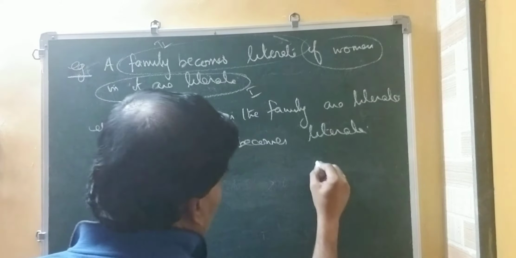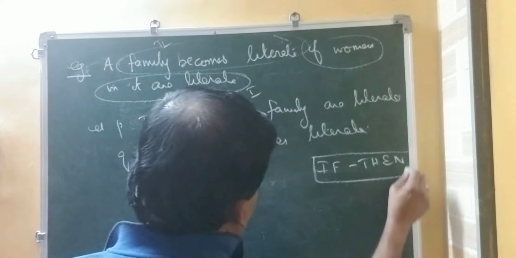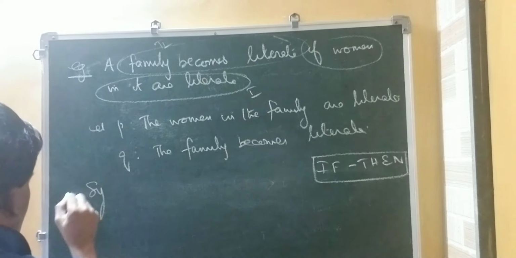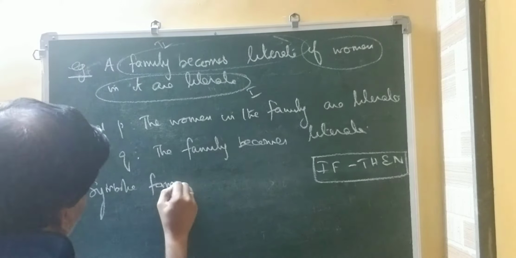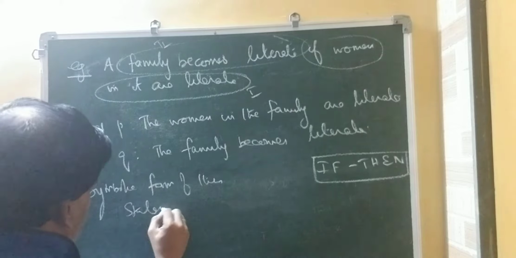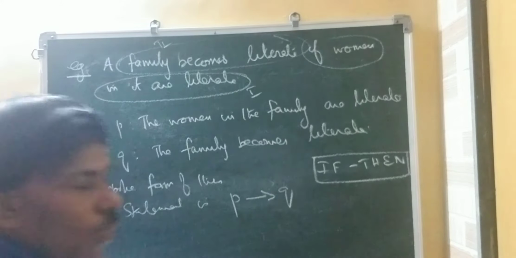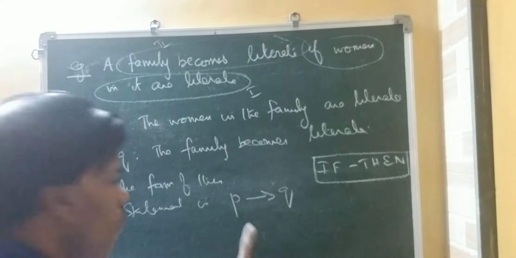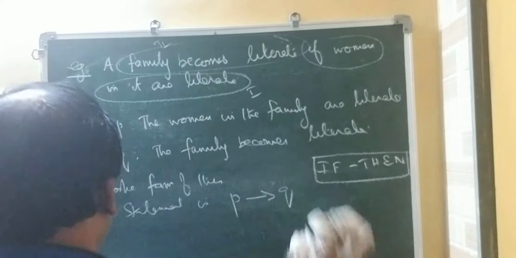If, then. Therefore, the symbolic form of this statement is P goes to Q, or we say if P then Q. Next one.